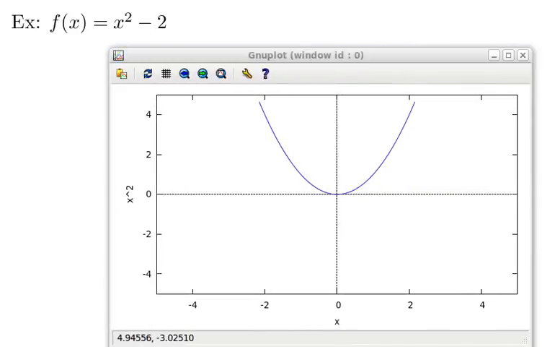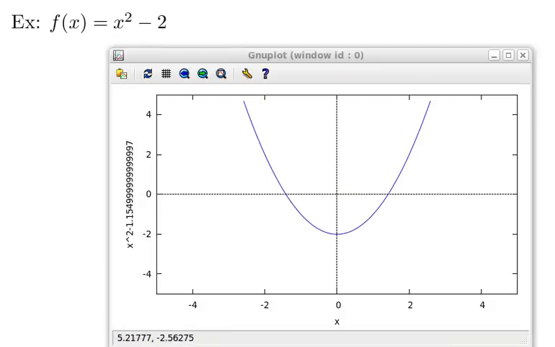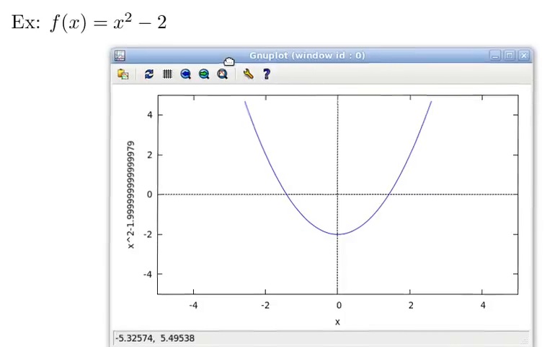Now let's move it down 2. So we're going to be doing x squared minus 2. So it's going to be moved down 2. So now the vertex is at negative 2. So those are some examples of what the plus and minus will do.